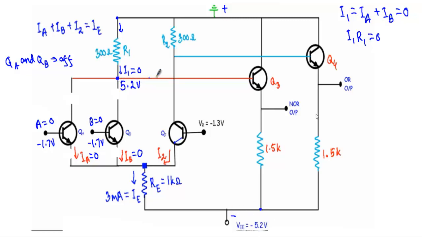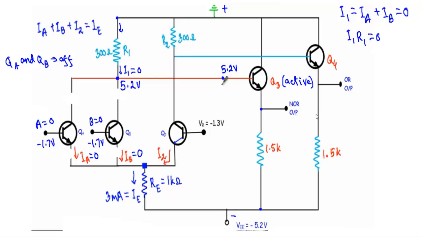Here you will see this 5.2 volt will be absorbed by the base to emitter junction of the transistor Q3 and the 1.5 kilo ohm resistor, as the base terminal of the transistor Q3 will have a voltage of 5.2 volt. Therefore, I can expect that the transistor Q3 will be in the active region, because in an ECL circuit our transistors will never saturate.